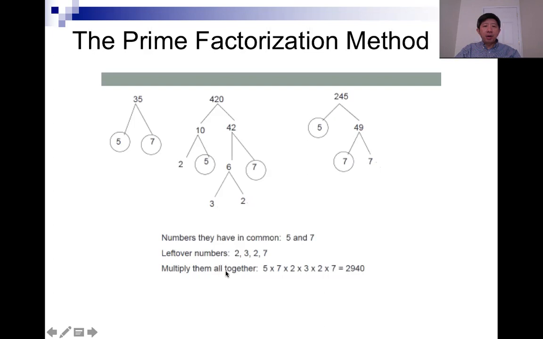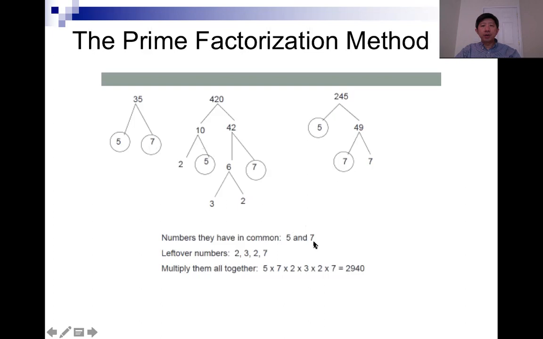So we multiply all together. Take 5 times 7, all right? And we take 2 times 3 times 2 times 7, all right? So this would be the LCM. So this is the method: first of all, you have to find the common factors, 5 and 7.